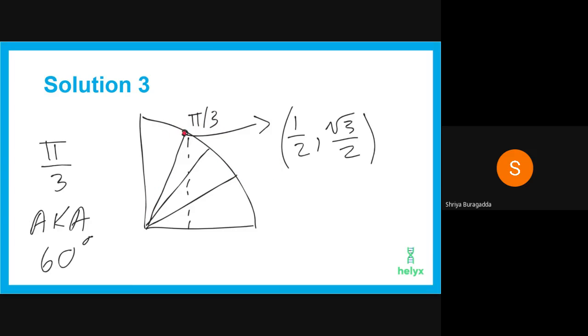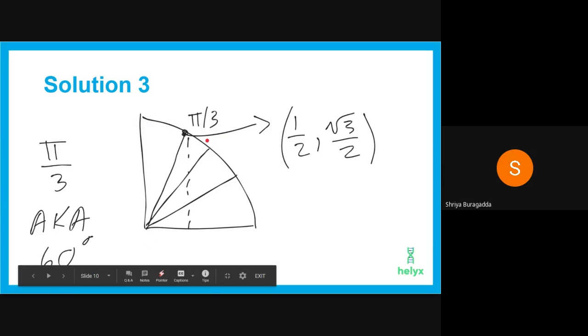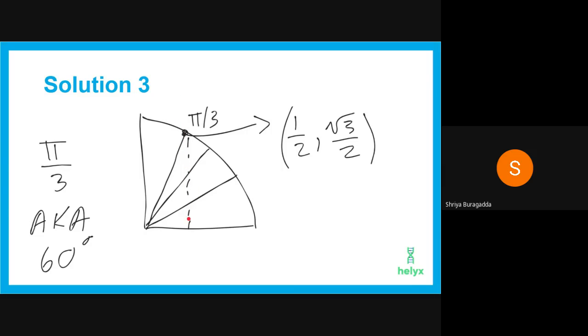Since it's 30 degrees from the 90-degree axis, we know that pi over 3 is shorter on the horizontal side but longer on the vertical side. So the x-coordinate has to be less than the y, therefore it has to be 1 over 2 on the x-axis and root 3 over 2 on the y-axis.